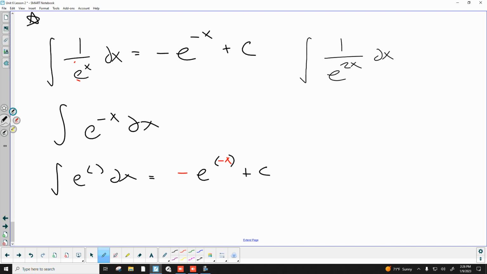This is actually the correct derivative and antiderivative for 1 over e to the x. It's the same. Okay, do the next one.